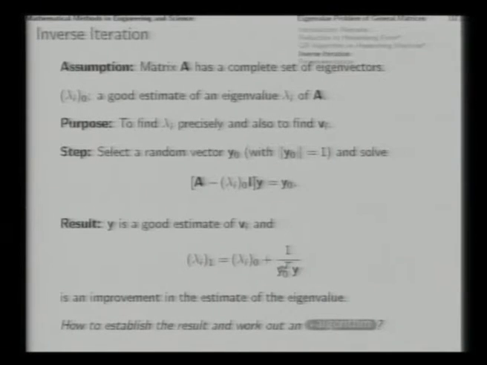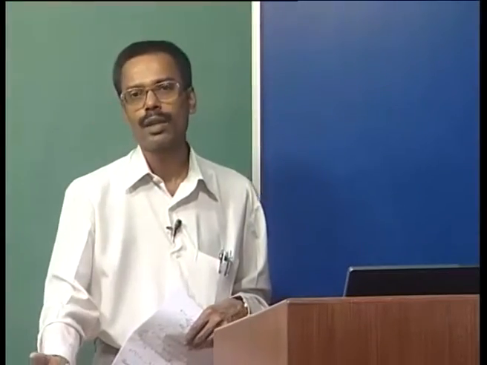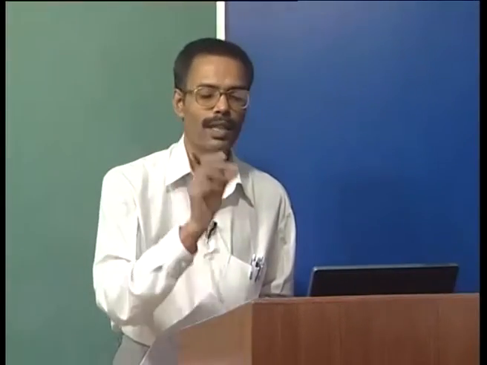Now, this is a very peculiar algorithm in the sense that here you cannot complain of ill conditioning in the solution process of this linear system, because it is that ill conditioning itself that is actually driving this algorithm. That is, because of that ill conditioning, your intended eigenvector is getting emphasized in the solution process, and you are able to identify it.